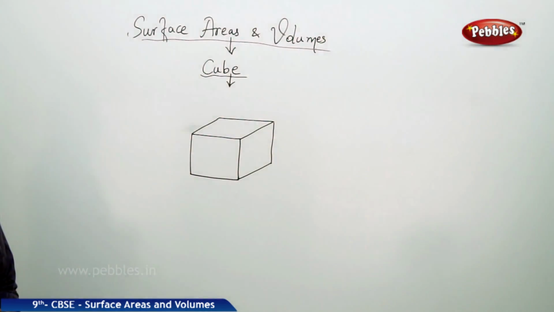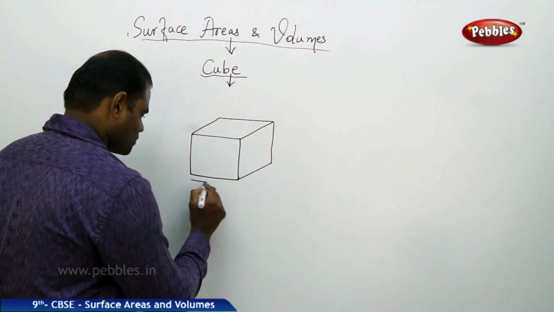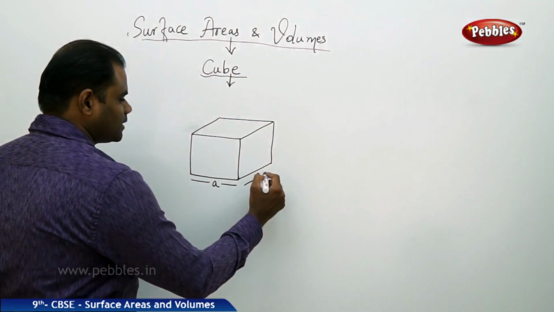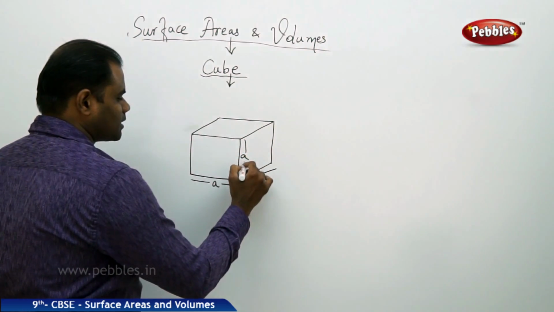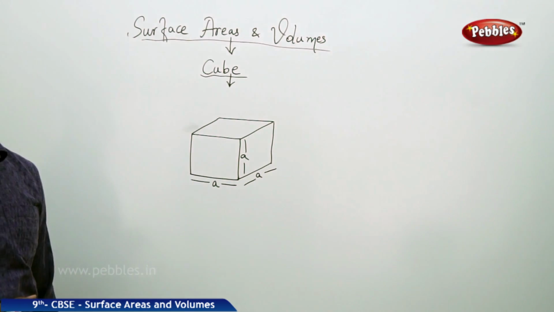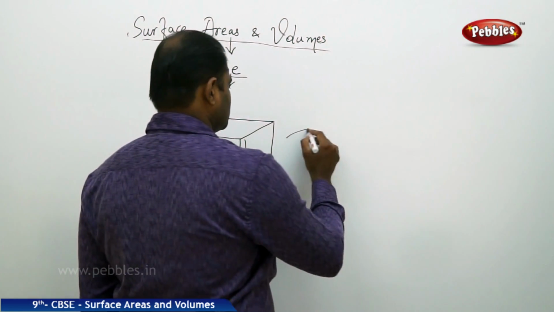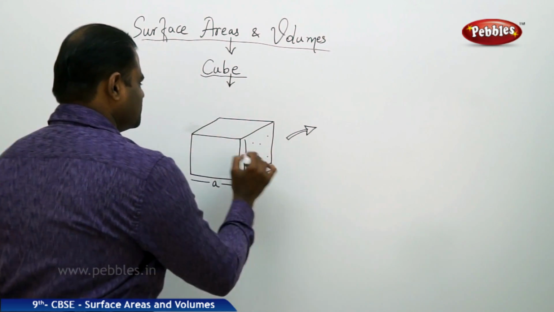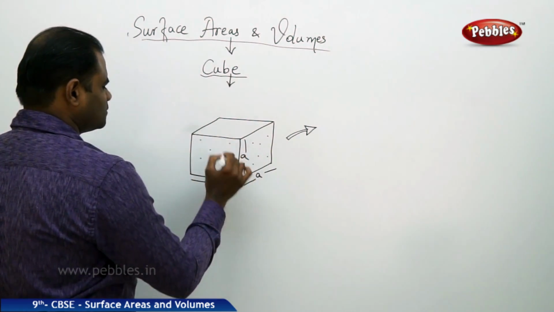This is an example of a cube because say this side is a, this side is a, and this side is a. Its length, its width, and its height are all equal in length. So we can define a cube as seen here with the dotted region.